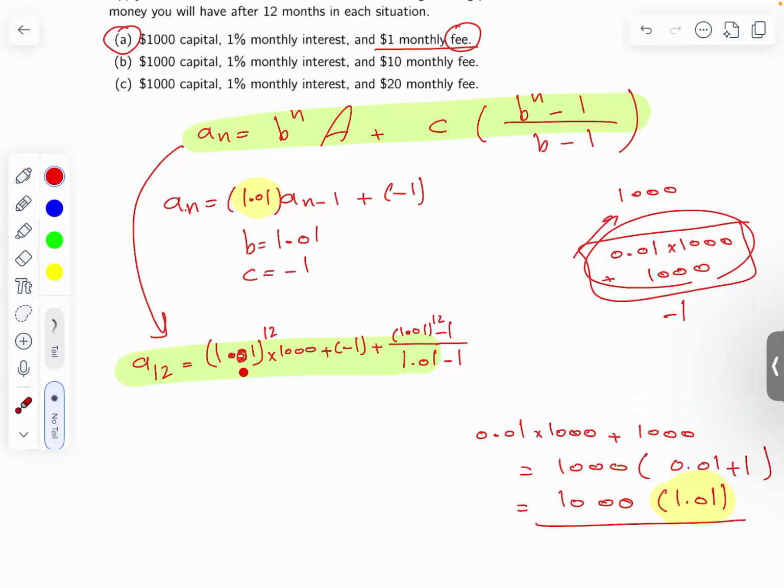Which one do 1.01? This one? Dot? Yeah, dot. 1.01 power 12 minus 1.